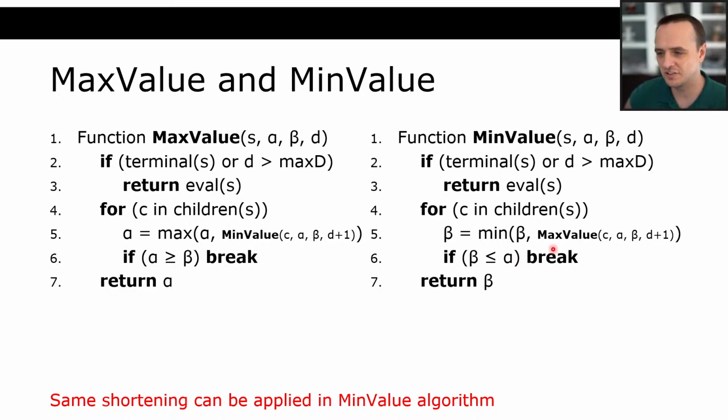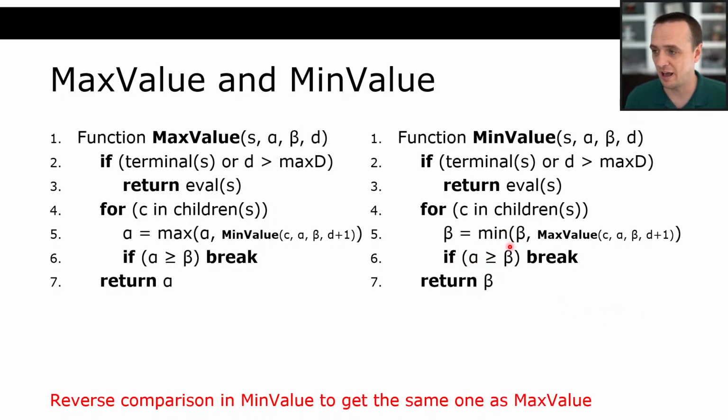Well, what it used to say was return beta. But now I can just break and return beta down here. And beta less than or equal to alpha is the same thing as saying alpha is greater than or equal to beta. So now this line of code ends up being exactly the same. And if you ever have duplicate lines of code, then you can probably eliminate one of them.